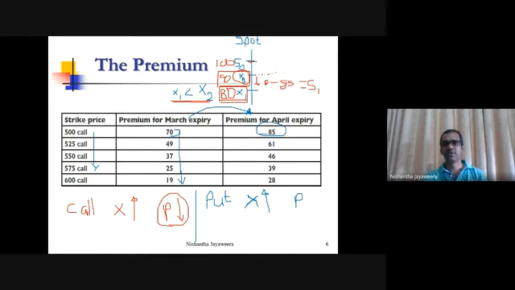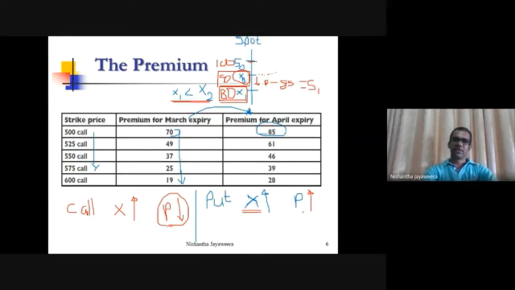So basically, when the strike increases, the value of the put option also increases because it gives you a right to sell at a higher price. The buyer will get a chance to sell at a higher price. So this is your selling price basically, for the underlying asset. You can sell it at X. Higher the rate, better. So therefore, higher the premium.